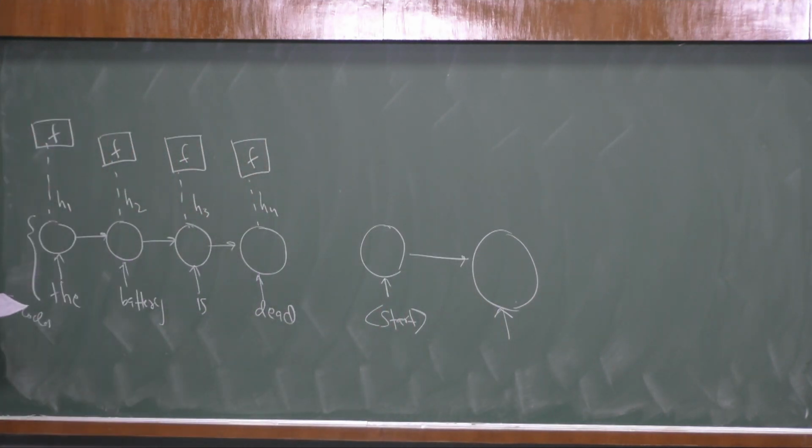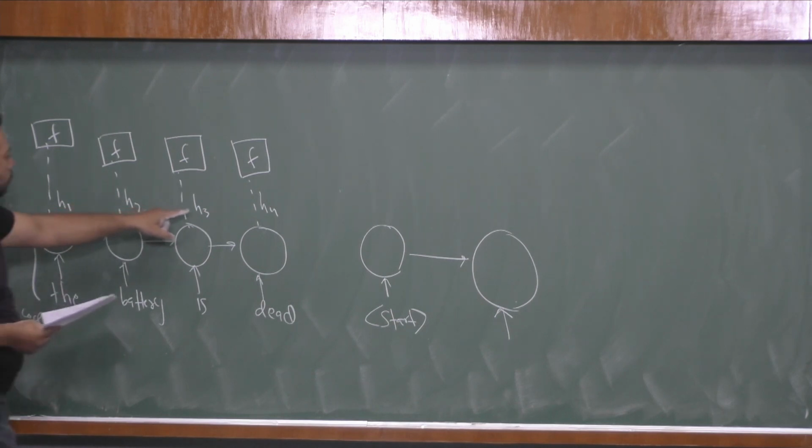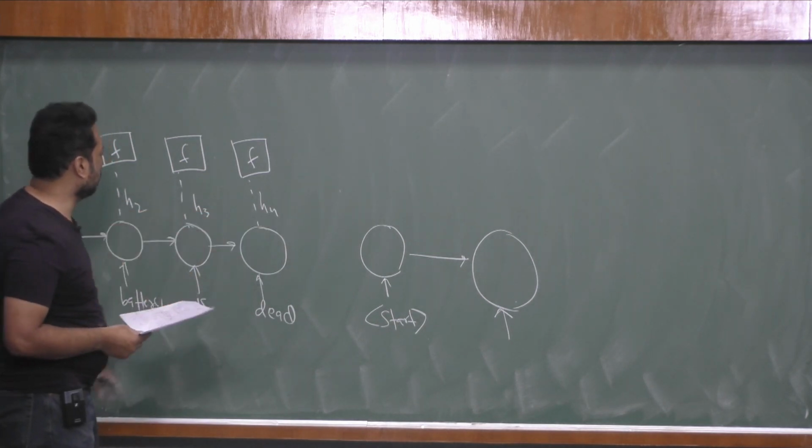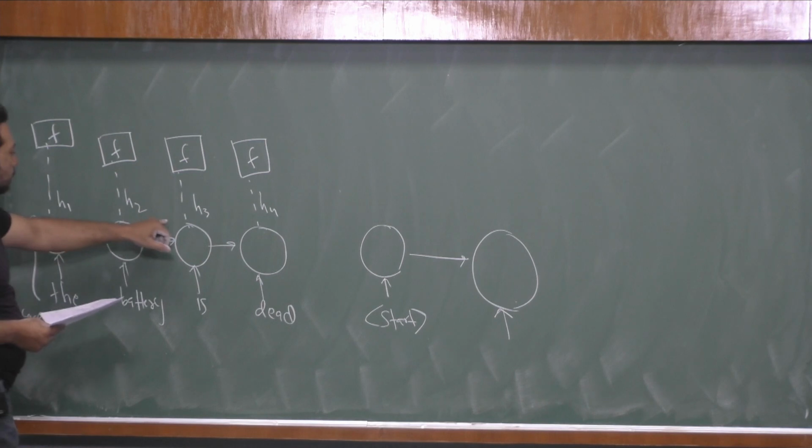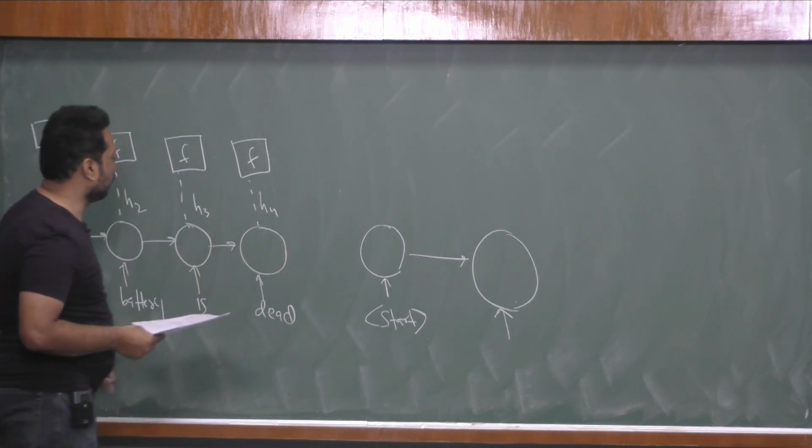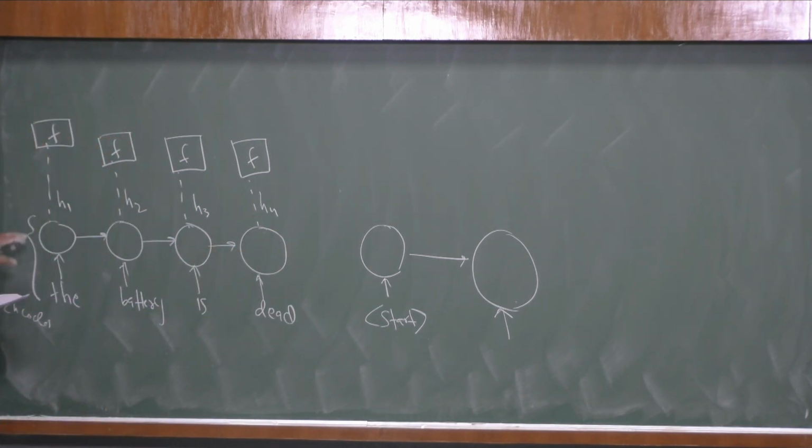Okay, so this is the model that we have. The basic idea behind attention, as I said, is that we are going to use these H1, H2, H3, H4, which were previously not looked at directly. They were looked at only via the final state of the encoder. So now our goal is to use these.